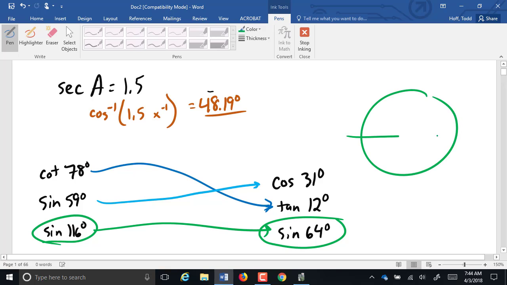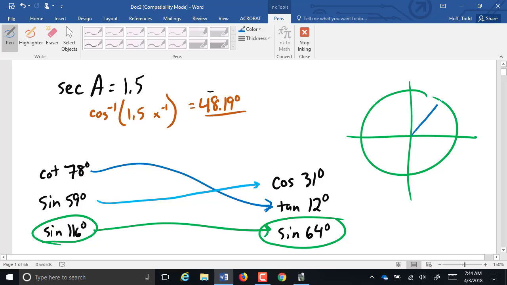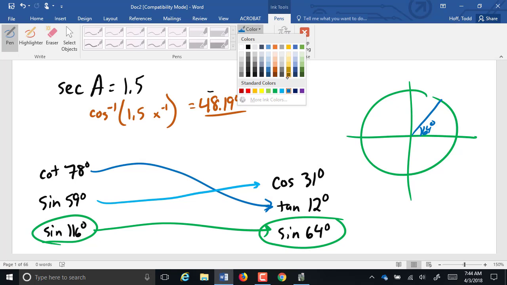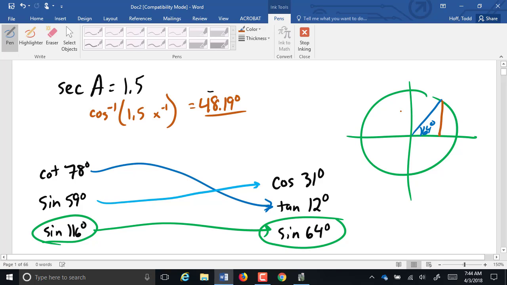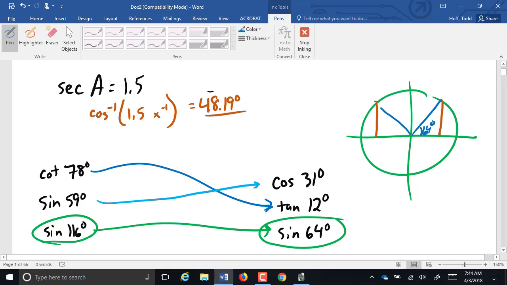Remember on our unit circle? 64 degrees is right here. That's its sine. There's another spot over here that has that same sine. This angle would be 64 degrees still, which makes this angle 180 minus 64, or 116 degrees. So the sine of 116 and the sine of 64 are equivalent.